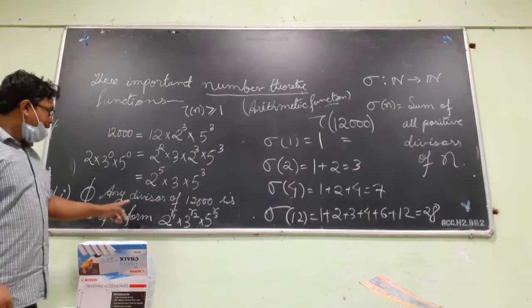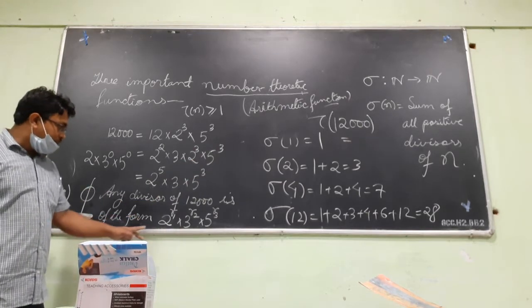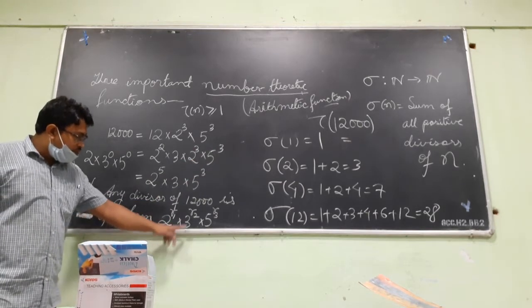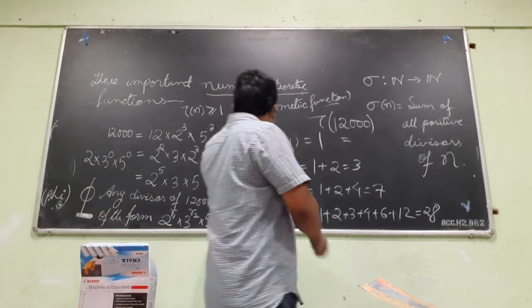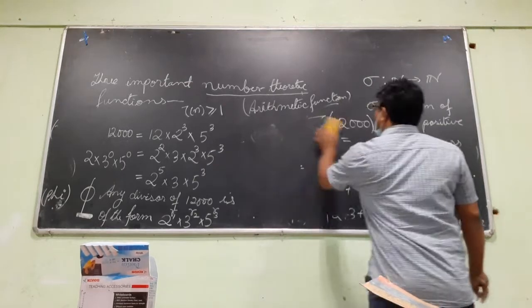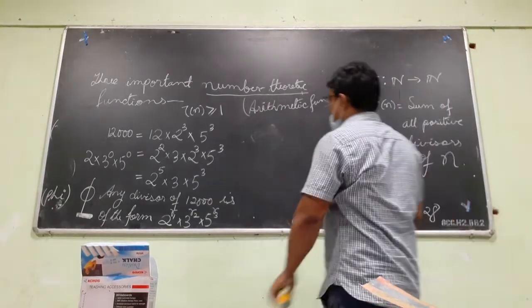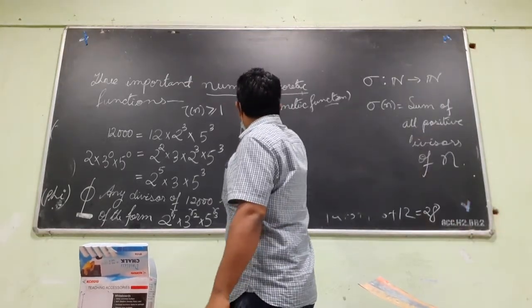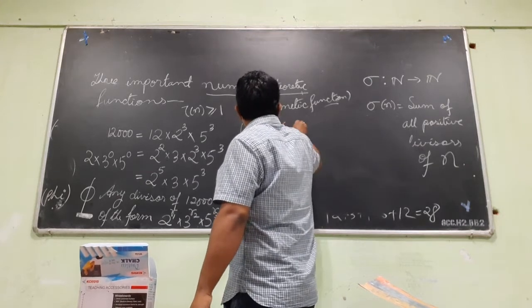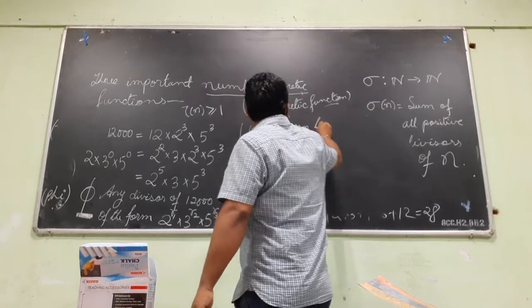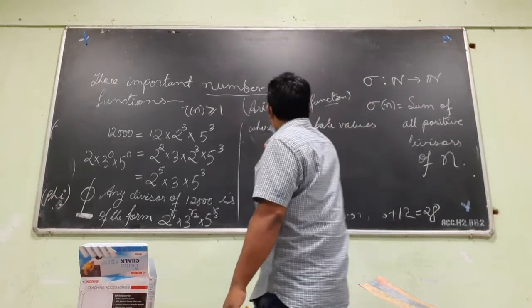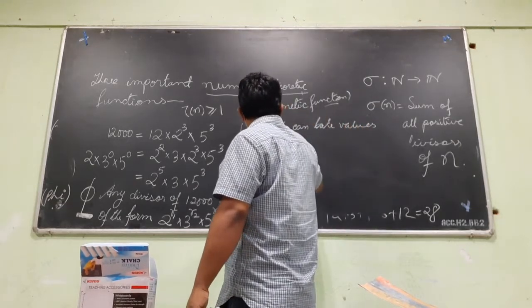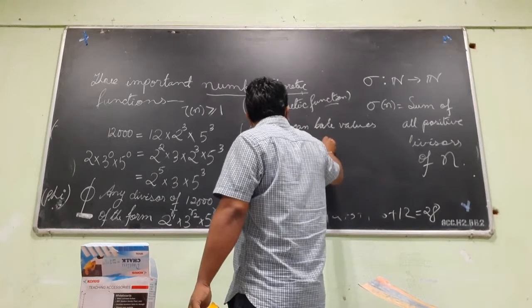So here any divisor of 12,000 is of the form 2 to the power R1, 3 to the power R2 into 5 to the power R3, where R1 can take values 0, 1, 2, 3, 4 and 5.